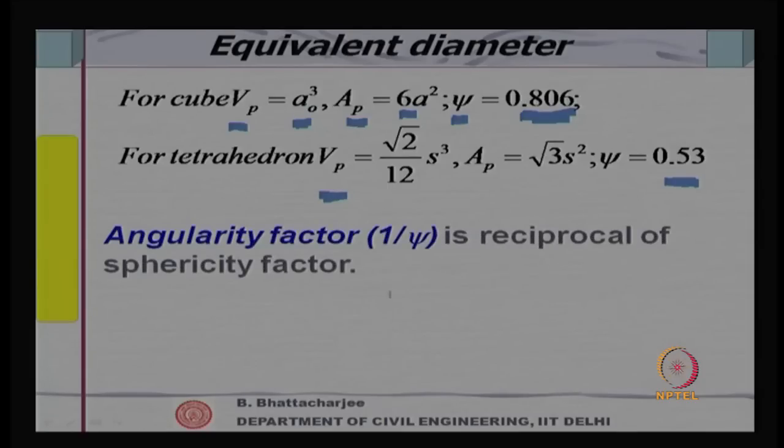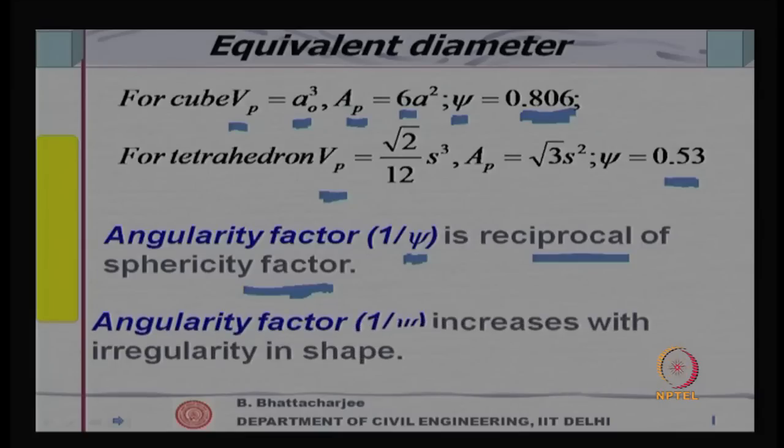So, the angularity factor is 1 by xi, the reciprocal of the sphericity factor. This is how we can quantify shape in some manner. It increases with irregularity in shape or angular shapes.